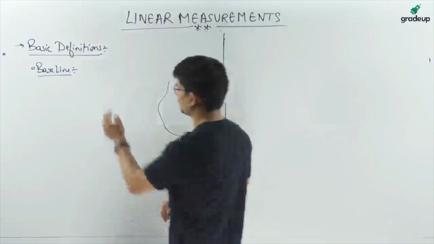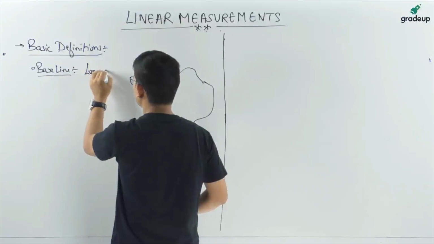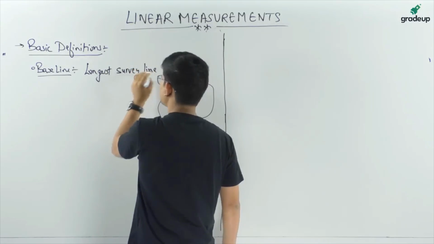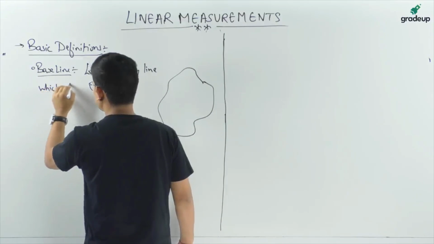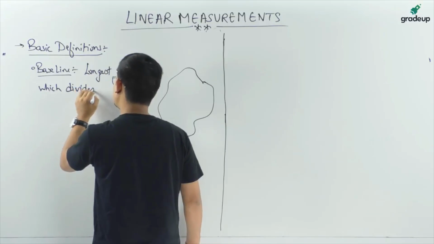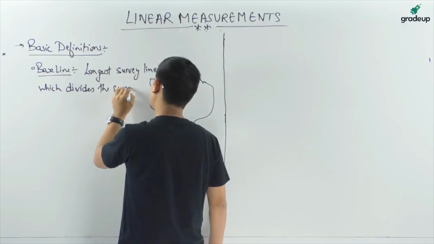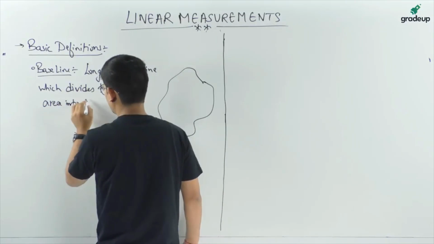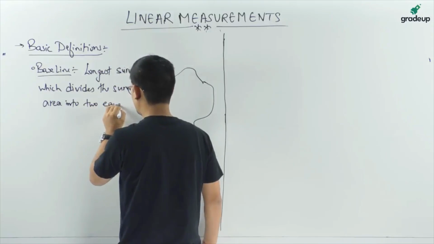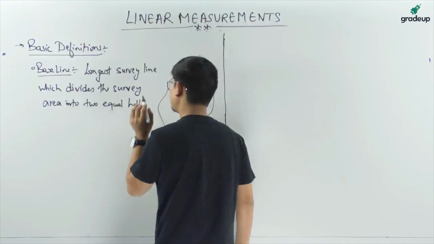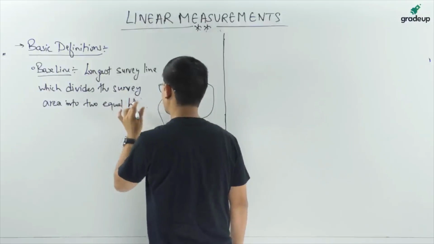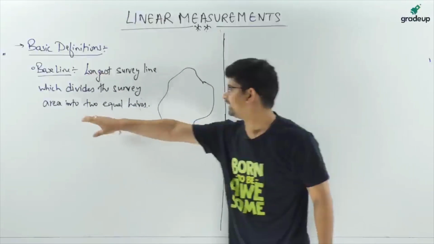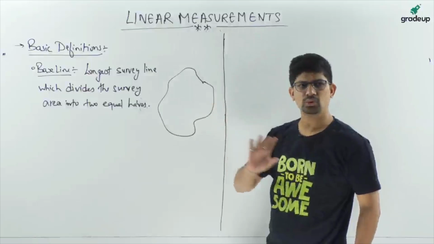So, the baseline is the, from definition you can see, longest survey line which divides the survey area into two equal halves. Okay, so baseline will be the area which approximately divides the survey area into two halves.